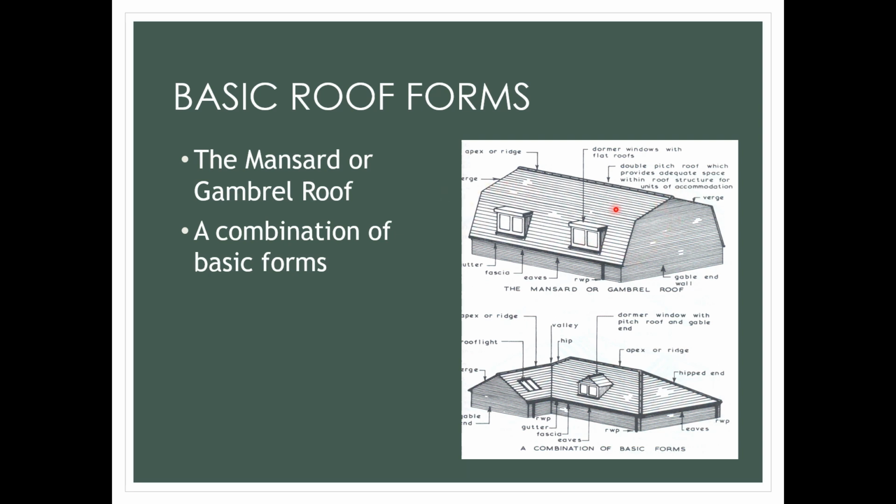So normally when we choose the mansard or gambrel roof form, we also provide some dormer windows. Normally this is the area for attics or another room. And then combinations of basic forms.